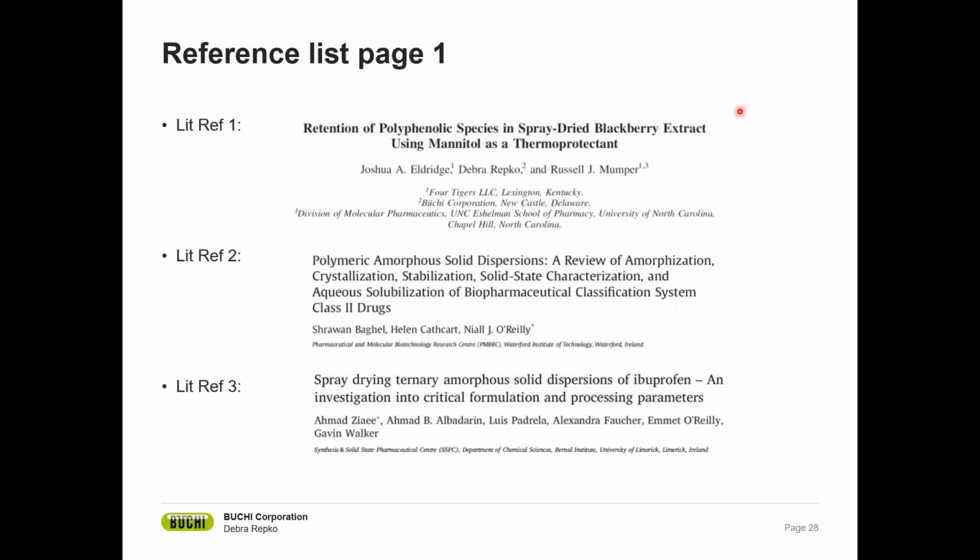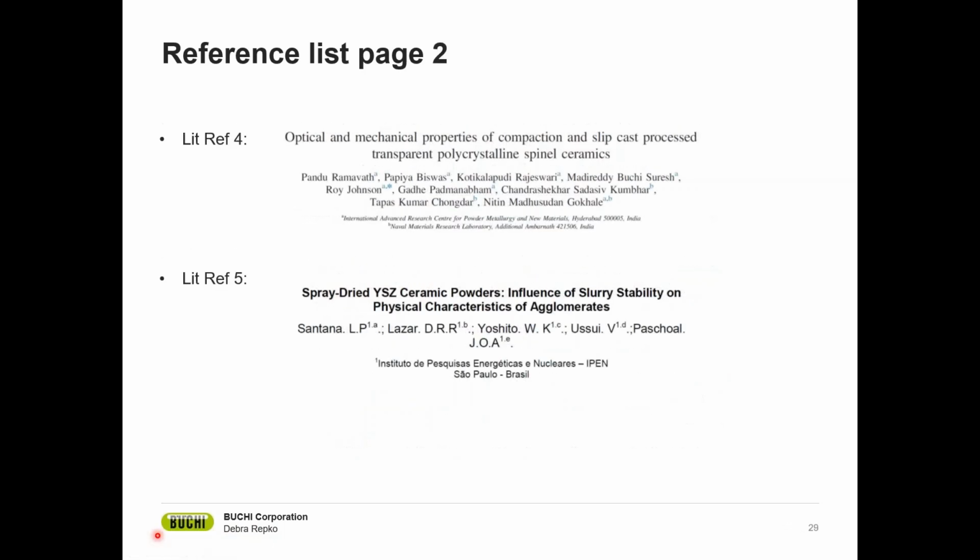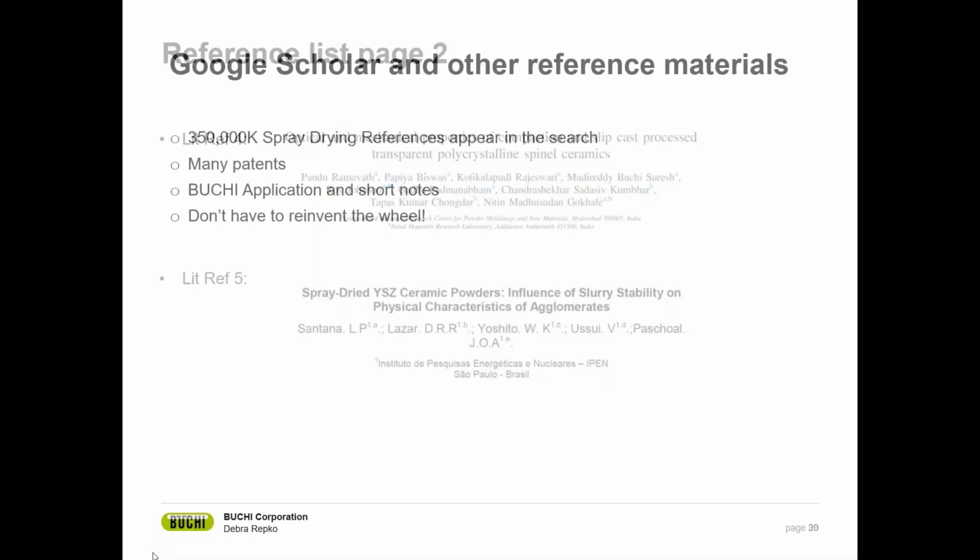I just simply cut and paste the titles of all of these literature references here, trying to find some different references for this presentation today. There's 2 pages of that, and these are all in your handout so that you can look at them in greater depth. I realized that we just sort of touched on some things today, can't go through the paper fully.